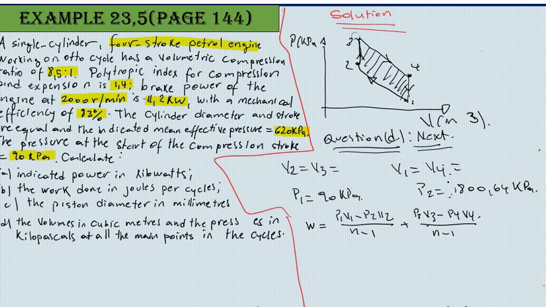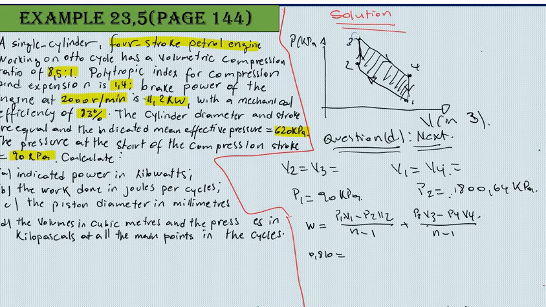Now, V2 is the same as V3 and V1 is the same as V4, so we just need to replace. We have already determined the work done per cycle. The work done per cycle computed was 0.810.